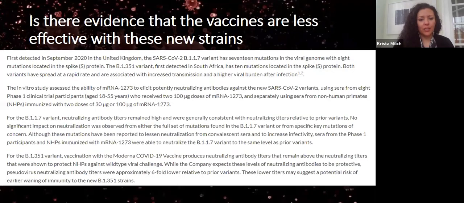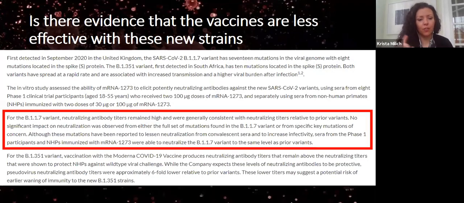Okay, so what the Moderna press release says is, for the B117 variant, neutralizing antibody titers remain high and were generally consistent with neutralizing titers relative to prior variants. So for this variant that originated in the UK, it looks as though the vaccine is responding similarly for this variant as with the original strain that it was developed for.